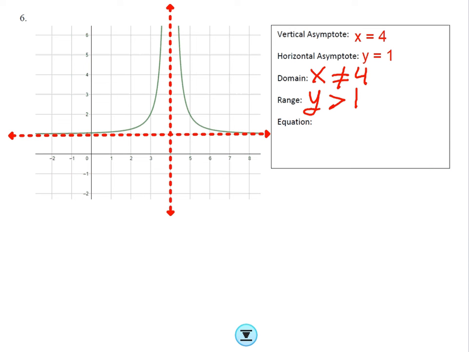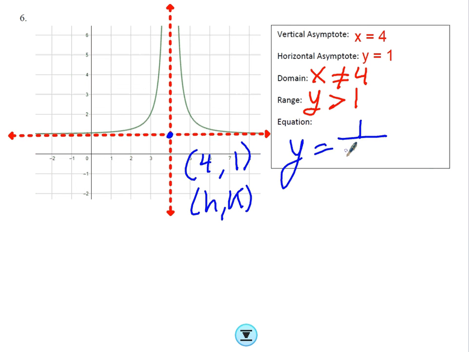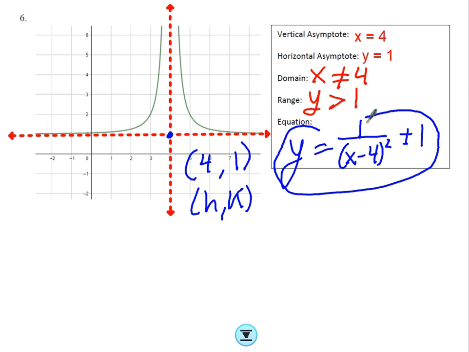And then for the equation, we're looking for the point where the asymptotes intersect. That point here is at 4, 1, that's my hk. So I get y equals 1 over x minus 4 squared plus 1. And actually, there's nothing to simplify there. That is my final equation.